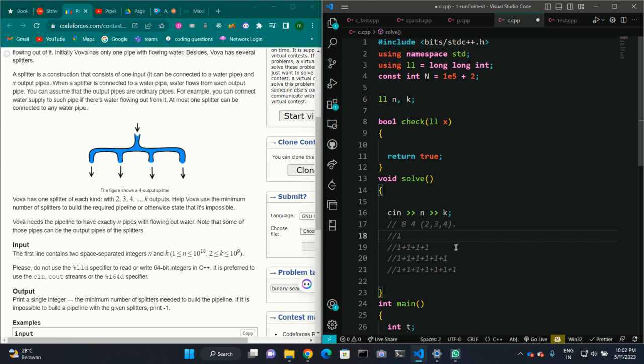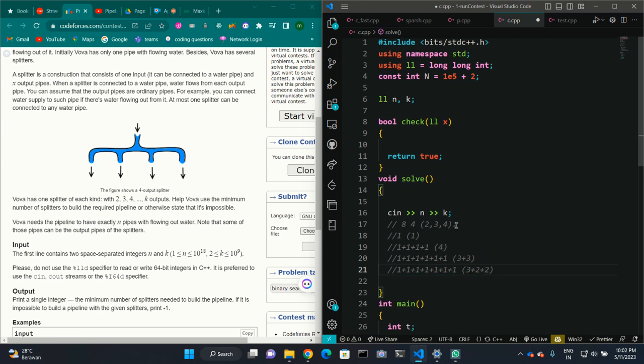So for the not-possible condition, initially I have one flow. Then after adding the four splitter, I got four. Then after adding the three splitter, I'm getting three plus three. And here three plus two plus two.